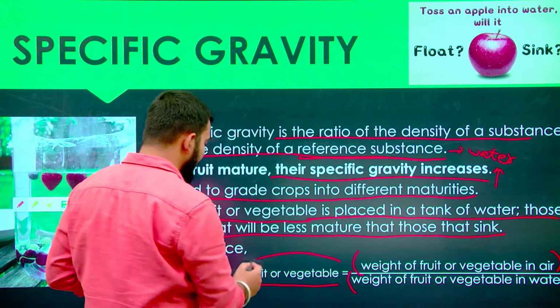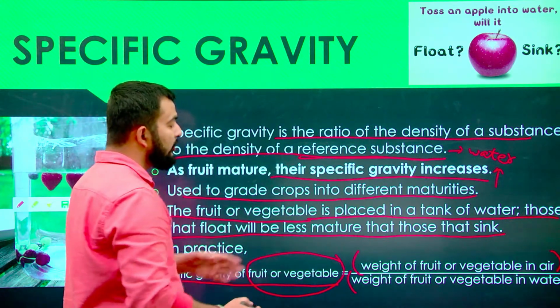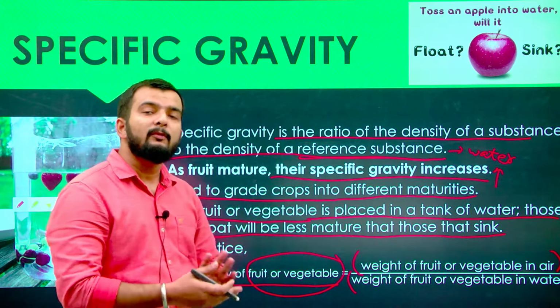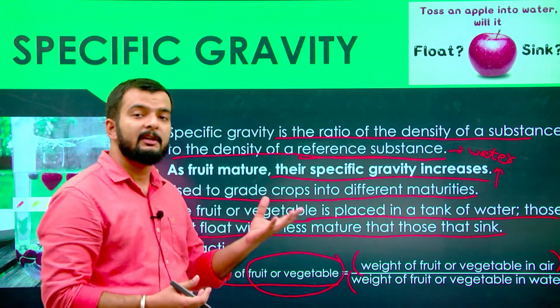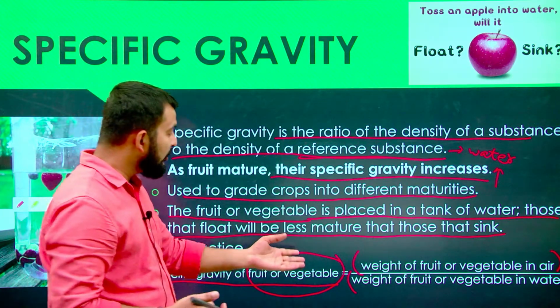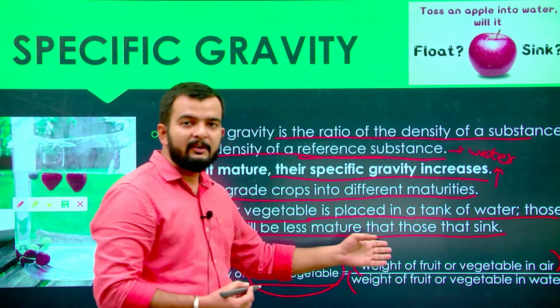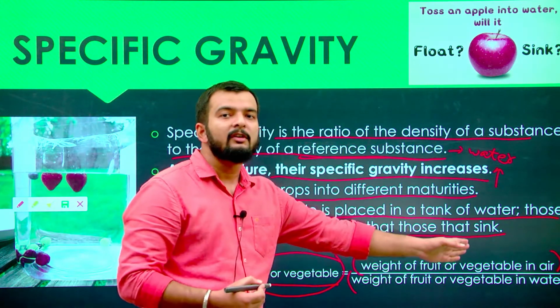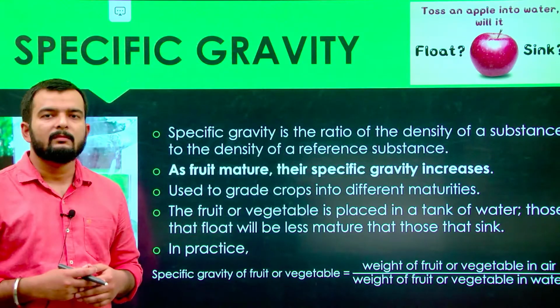Okay. So you can relate it to the density of the substance also, since the volume of your fruit or vegetable will remain the same in air or in water. So density is equal to mass by volume. So volume will cancel out in this case, and you will be left with your weight. Okay.